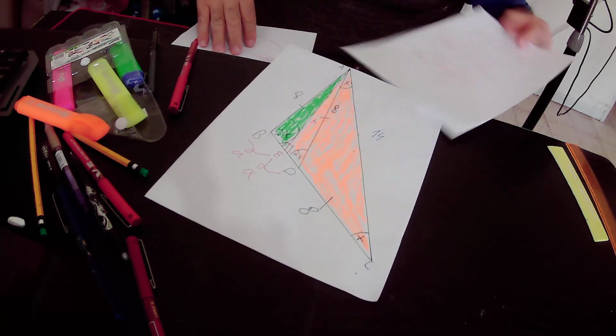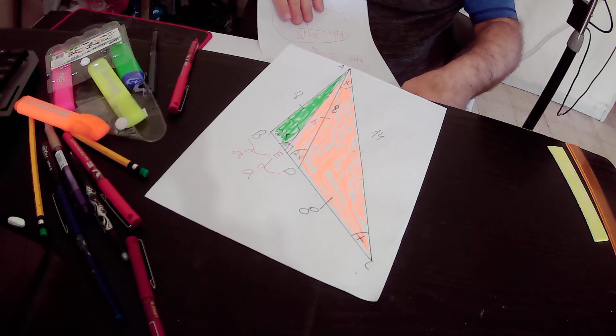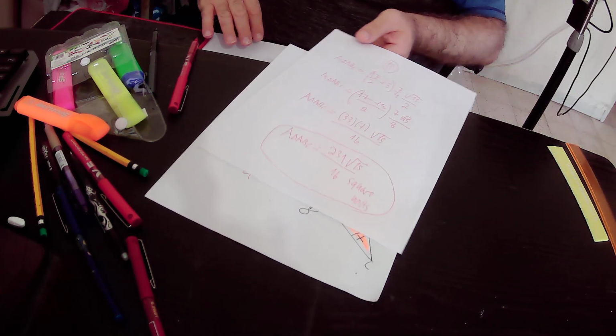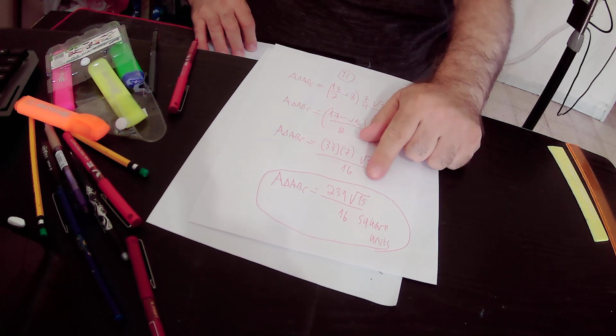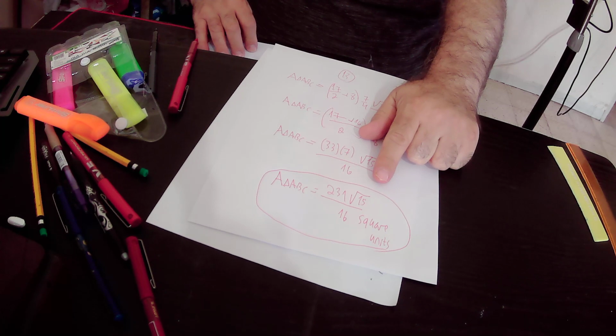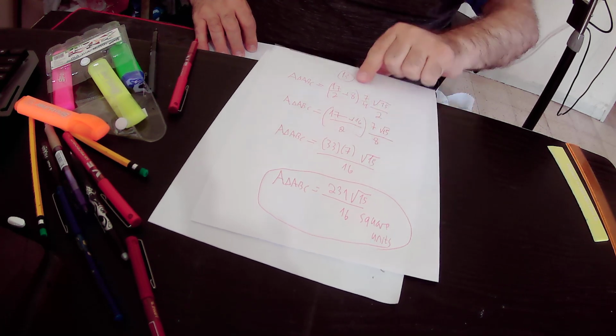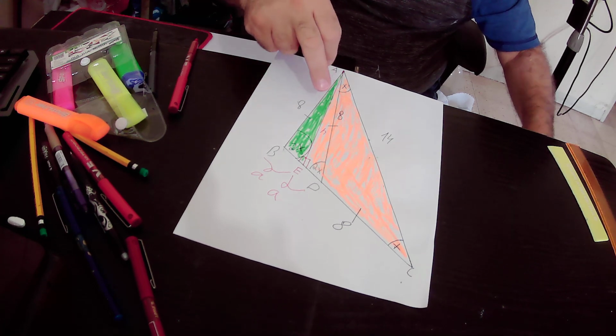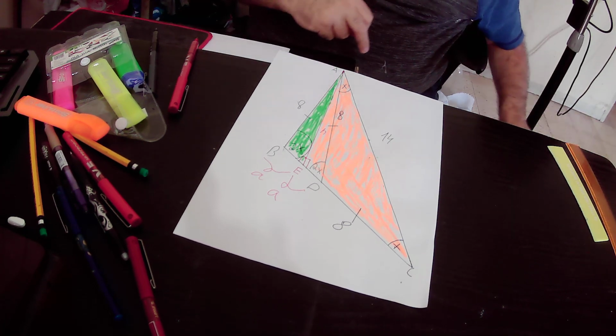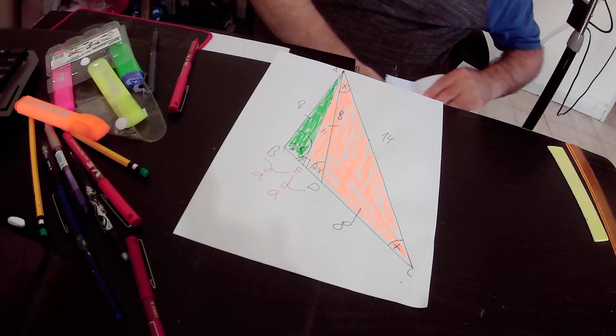Okay, and we found out that the area of triangle ABC equals 231 times root 15 over 16 square units. Again, the area of this triangle equals 231 times root 15 over 16 square units.